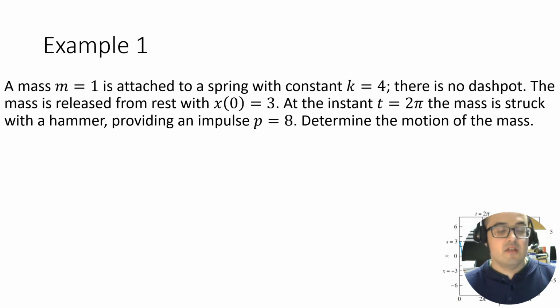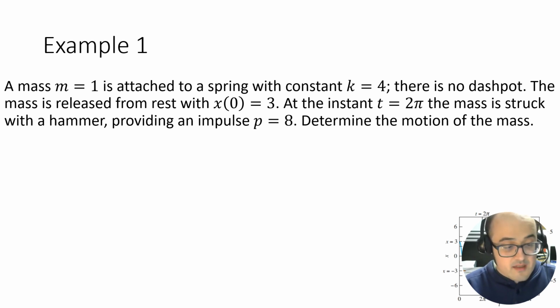So as an example, a mass m equal to 1 is attached to a spring with constant k equal to 4. There will be no dashpot. The mass is released from rest with x of 0 equal to 3. And at the instant t equals 2 pi, the mass is struck with a hammer, providing an impulse with p being 8. We want the motion of this mass.